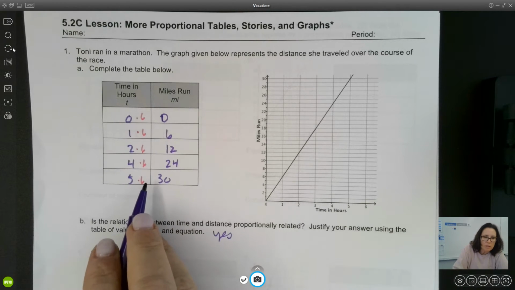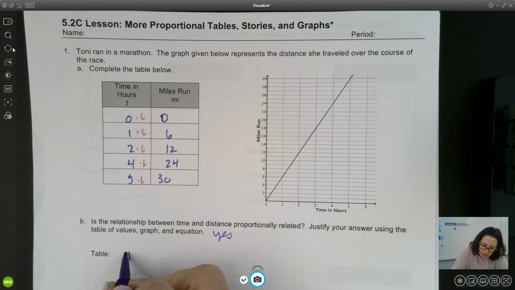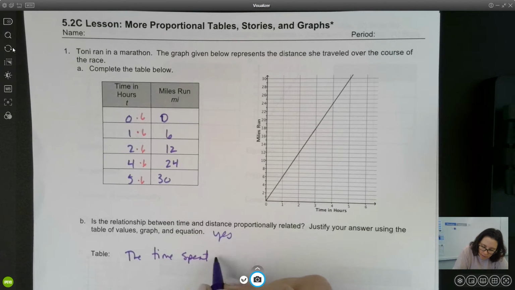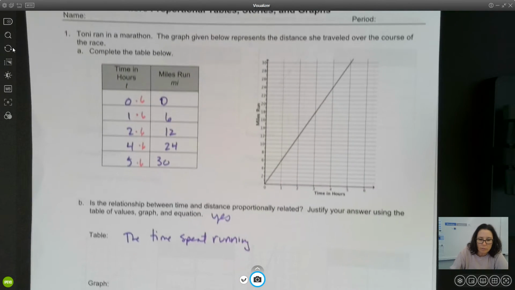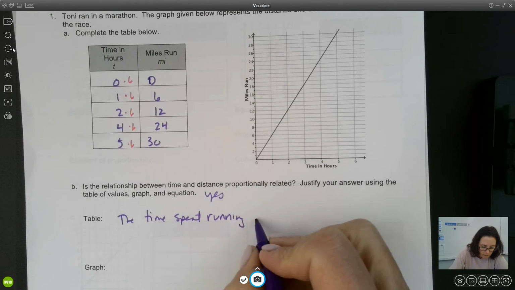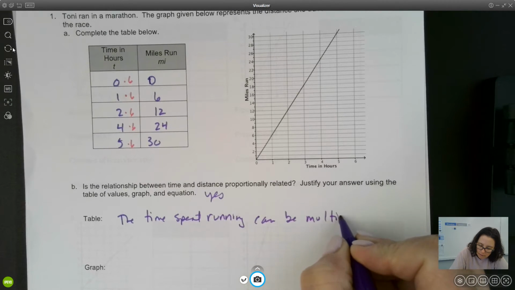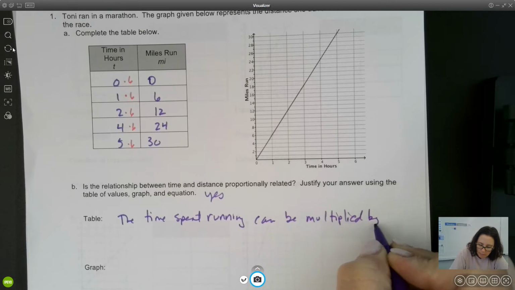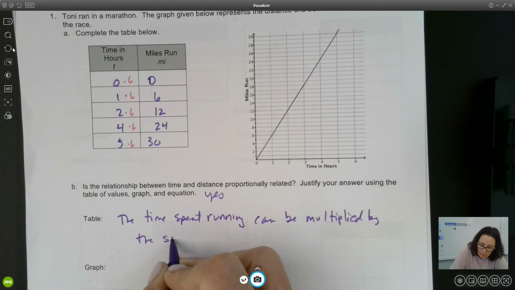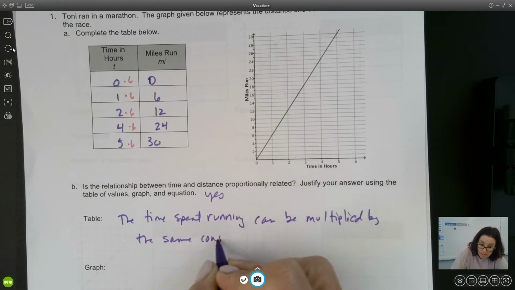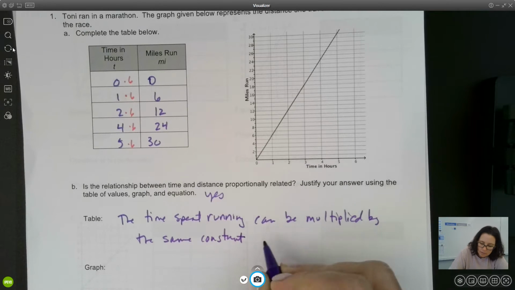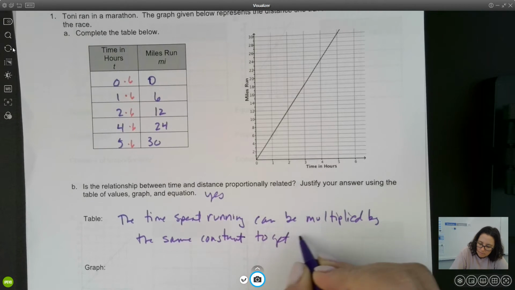All right, so from this table, the time spent running, if you wanted to say the independent variable, can be multiplied by the same constant, 6 in this case, right, to get the distance.